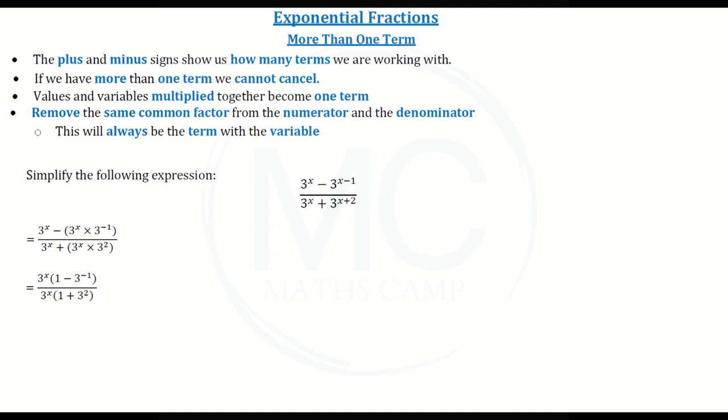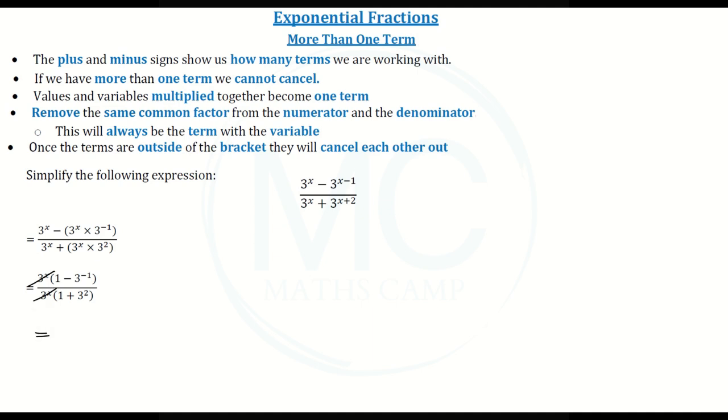Once the terms are outside of the bracket, they will cancel each other out, and we can focus on the values inside. So in this case, 3 to the power of x and 3 to the power of x will cancel.